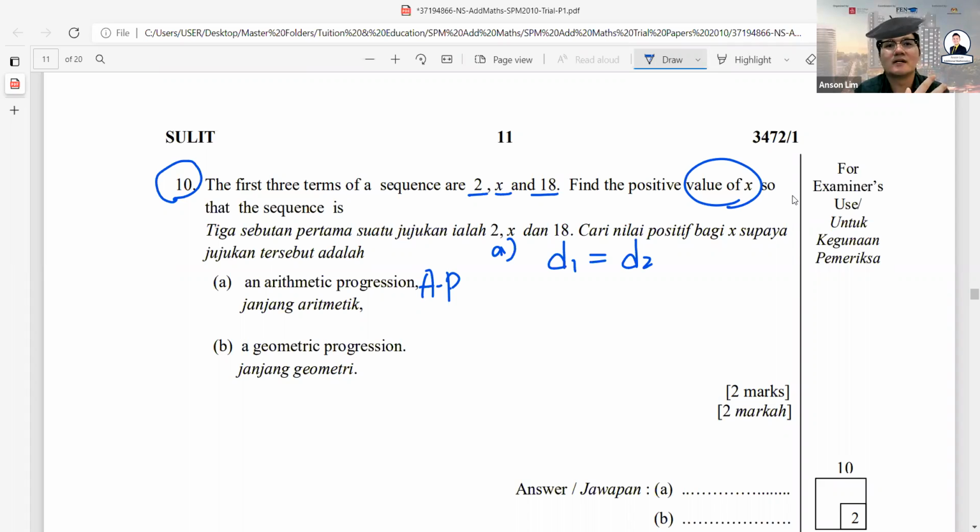Or some people use the arithmetic mean: x equals (2 plus 18) divided by 2, also can. So some people use that method and you use this method. Who cares? At the end, answer correct. They accept both workings here. So x minus 2 equals 18 minus x. So at the end, you see 2x equals 20, x equals 10.